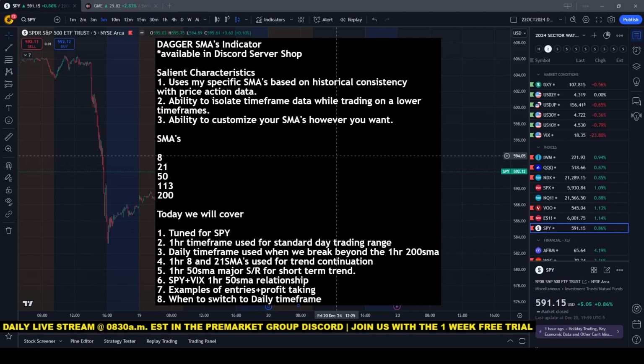If I had something like this, I would want the ability to change it and customize it myself for maybe a different trading style, or maybe you trade Bitcoin and you find that certain SMAs work better with Bitcoin. So a lot of great salient characteristics with this indicator.